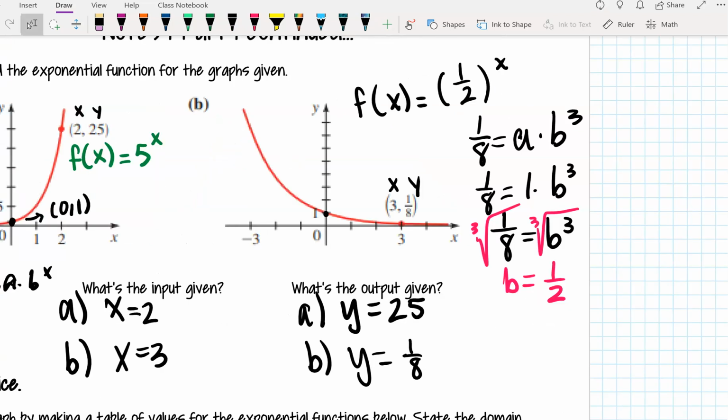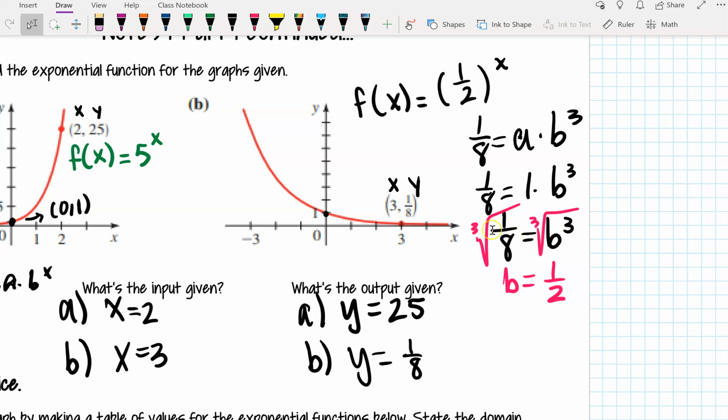So here, you should get f of x equals 1/2 to the x. Your input is 3, your output is 1/8. So when you plug in your information, you can take the cube root of b to the 3rd, or you can ask yourself, what cubed gives me 8? Because 1 cubed is 1. Doesn't matter that it's a fraction.